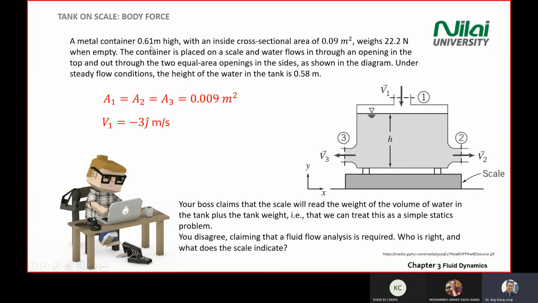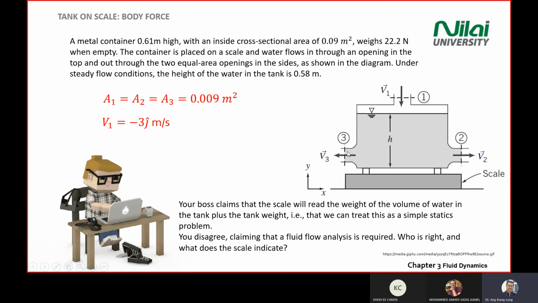We have a container height of 0.61 and a cross section of 0.09 square meters. By taking the height and cross section, we can calculate the volume. The metal container, when it's empty, is 22.2 Newton. So without water, it is 22.2 Newton. The container is placed on a scale, which is under there.